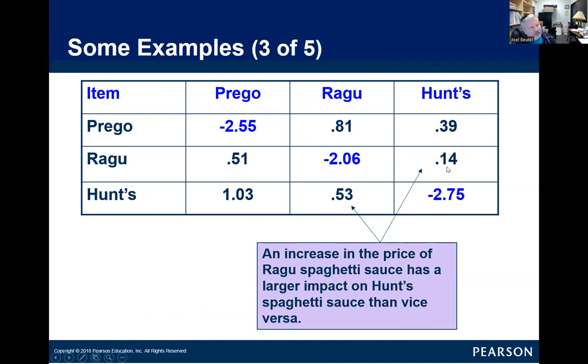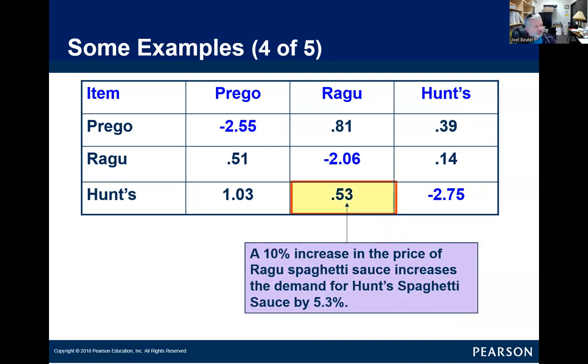And having eaten all three of these, I can tell you it's probably because Hunt's sauce is the most basic of the three, and maybe more consumers don't want it, shall we say. It's the cheaper of the three varieties in most grocery stores. So a 10% increase in the price of Ragu spaghetti sauce increases the demand for Hunt's spaghetti sauce by 5.3%.